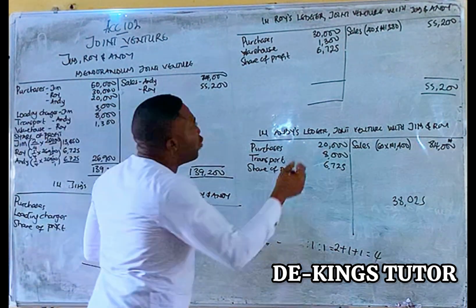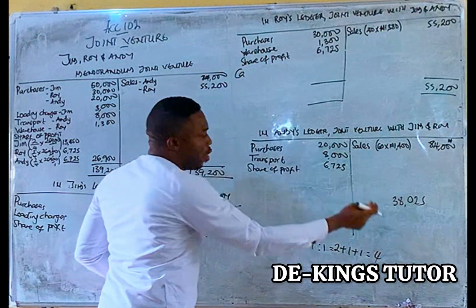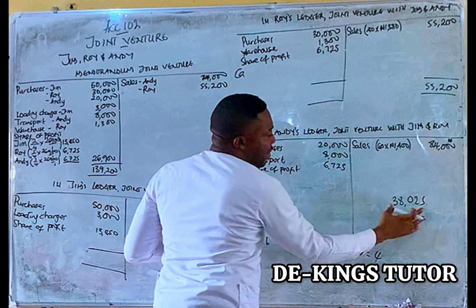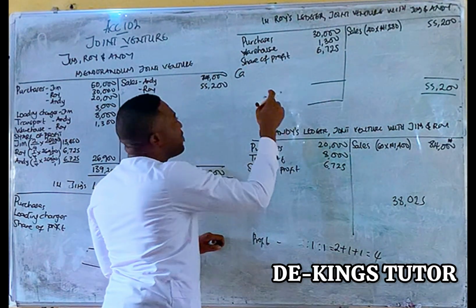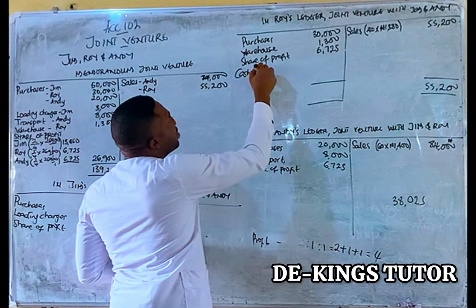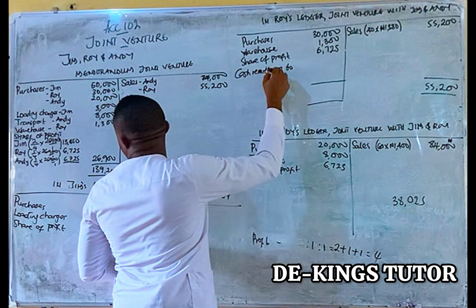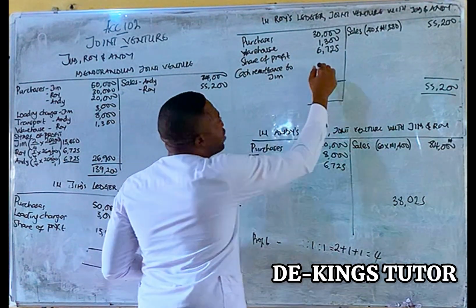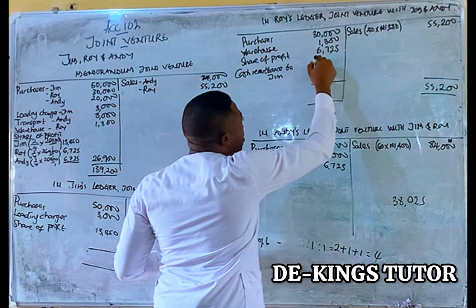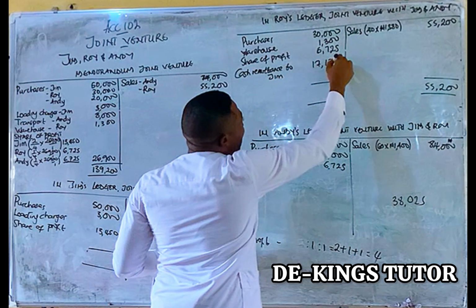So we said the balancing figure. So 55,200 minus 38,025. What do we have? So it will now be cash remittance to Jean. How much is it? 17,175. Like this?